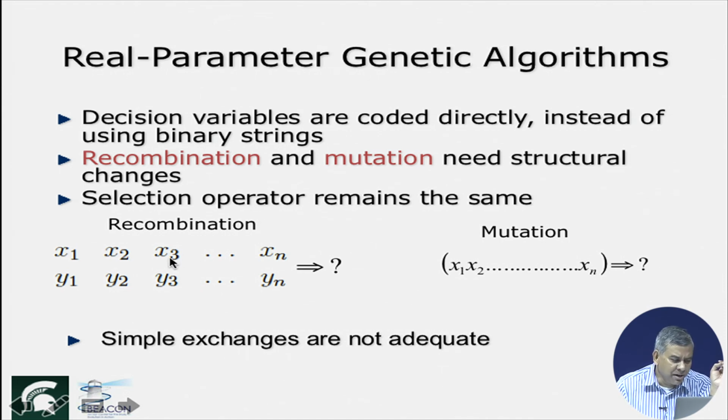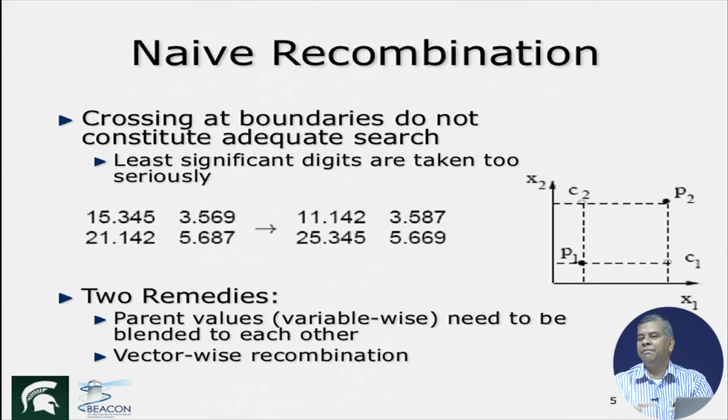Now with numbers, crossover is not the right word, because crossover means you are actually crossing things, right? So in real parameter GA we don't call that crossover, we actually call it recombination. Okay, it's more of a blending that should take place between the two to create two. So if we think of very simple exchanges, like if you try to mimic the binary coded single point or 2 point.